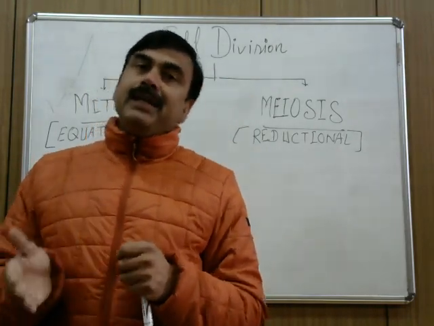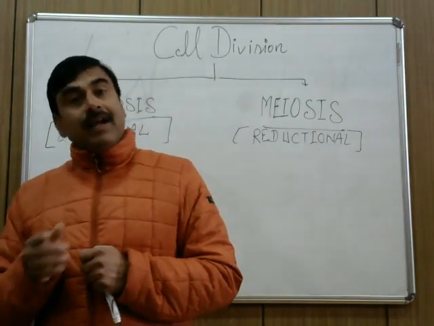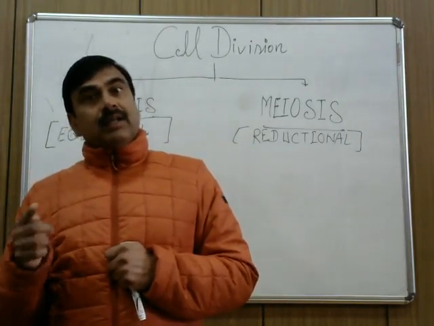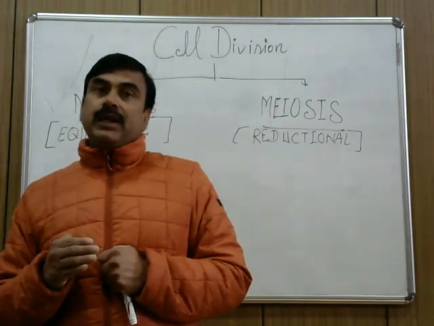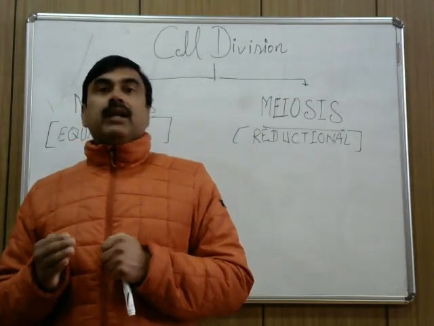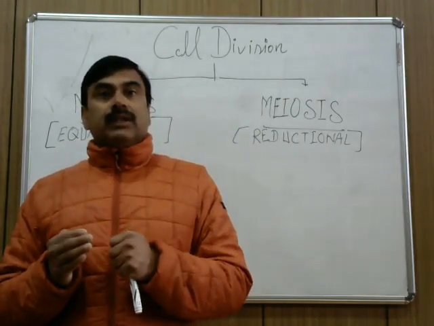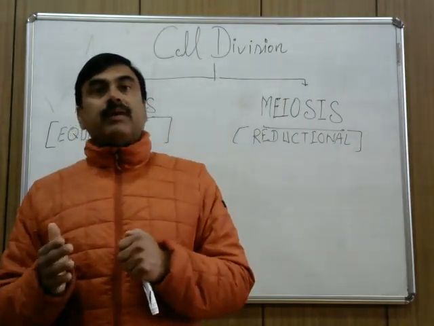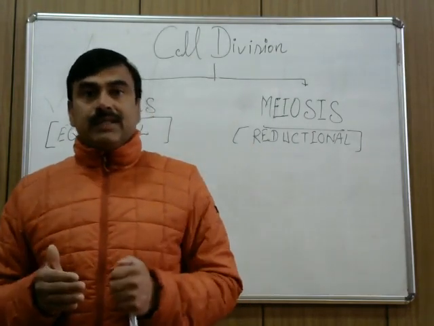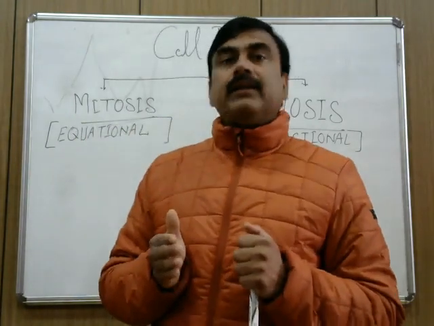But it does not mean uncontrolled division, which is known as cancer. Normal cell division takes place in the body when there is growth, when there is synthesis of protein, fat, carbohydrate in the body, every cell divides.